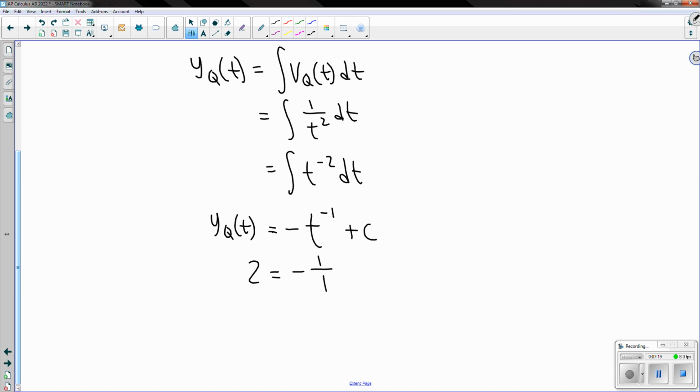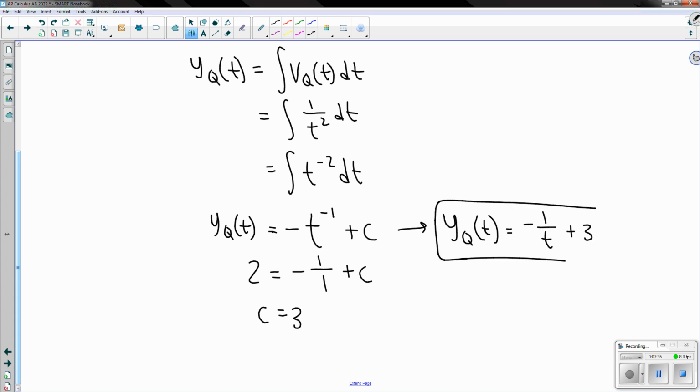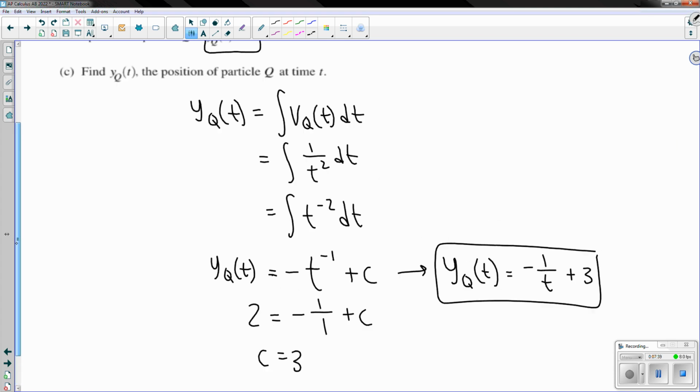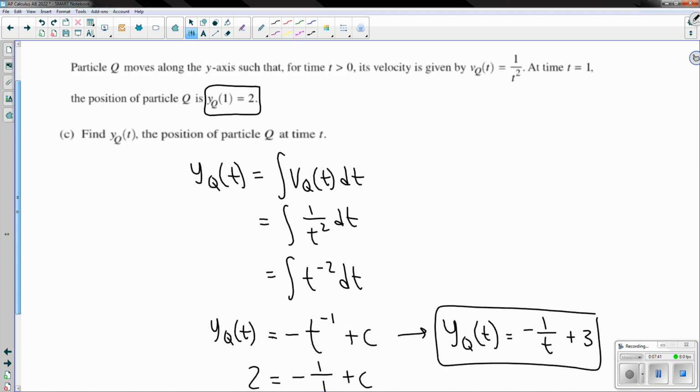Now we're just going to be adding 1, and we'll find out c is 3. So now we can get our particular solution, which is negative 1 over t plus 3. So there's our position equation for particle Q, and that's all that we had to do.